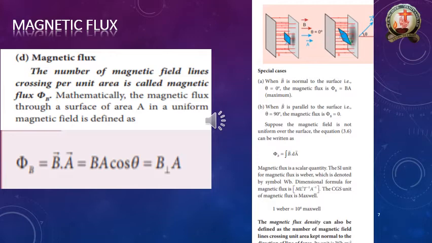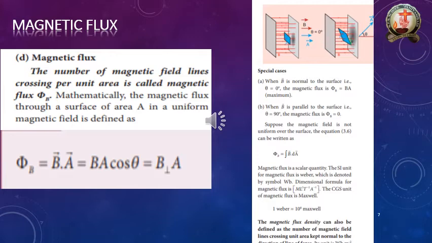So the magnetic field direction is to the right side of the screen, and at the same time the area of that surface is also to the right side. Remember this point, I also told you already in the electrostatics lesson: always the area vector, the surface area direction, will be perpendicular to the surface.